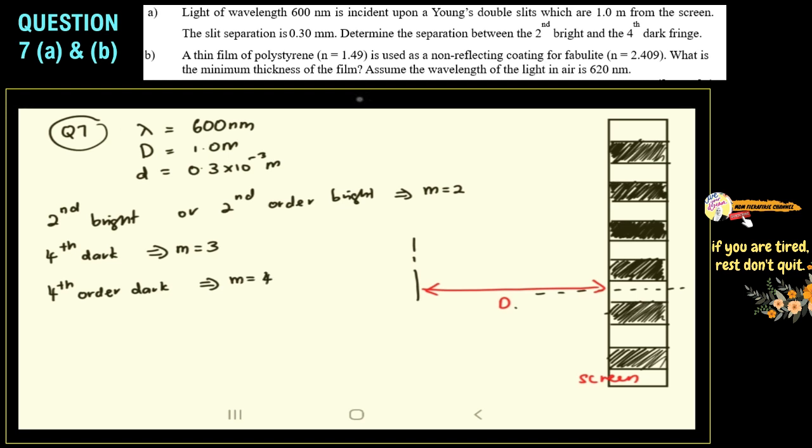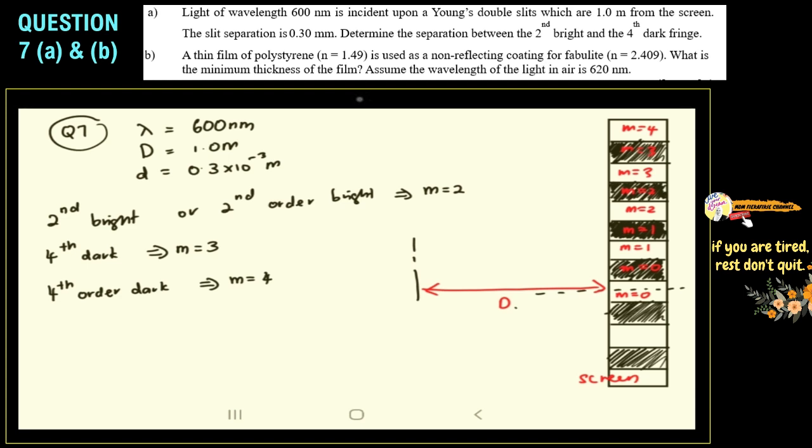Look here: this is the central bright fringe, so m is equal to 0. This is also m equal to 0. Then m equal to 1, 1, 2, 2, 3, 3, and 4.